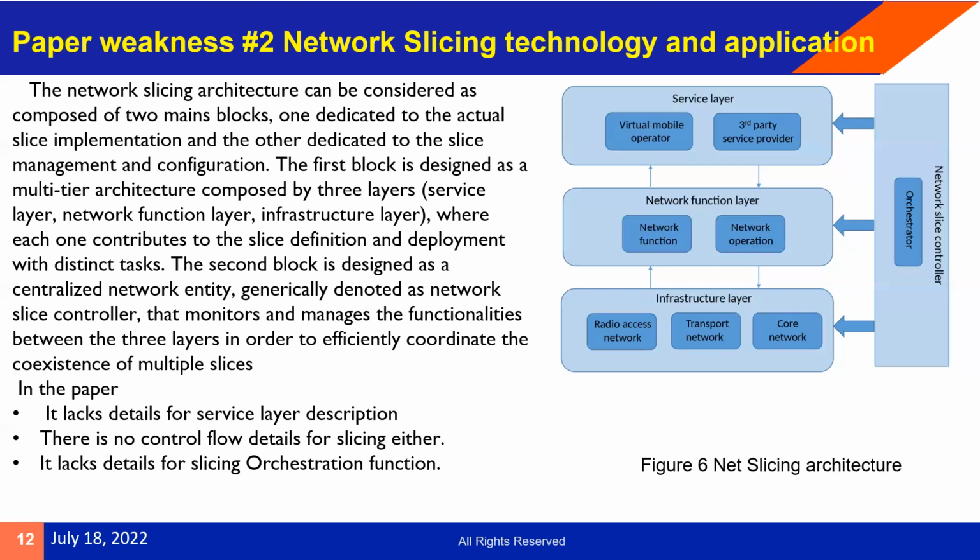The second block is designed as a centralized network entity, generically used as a network controller that monitors and manages the functionality between the 3 layers in order to efficiently coordinate the coexistence of multiple slices.